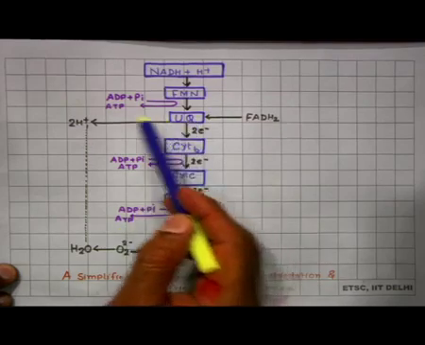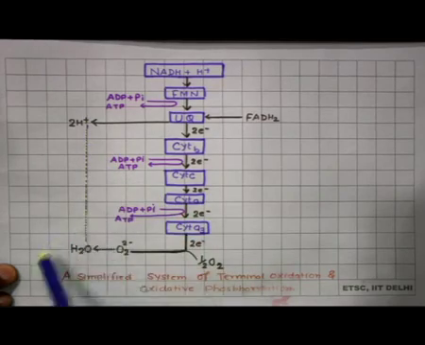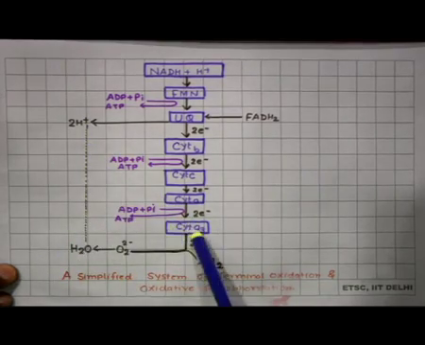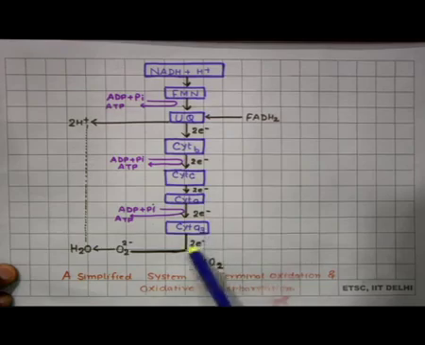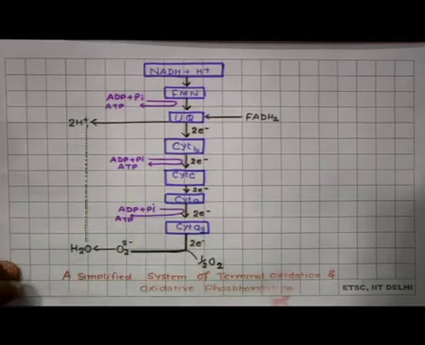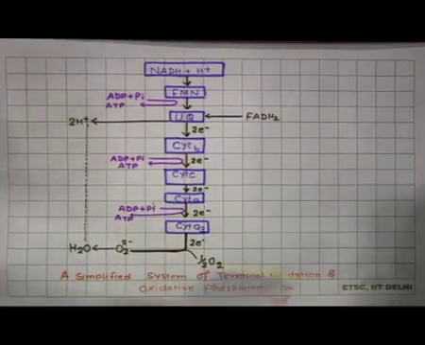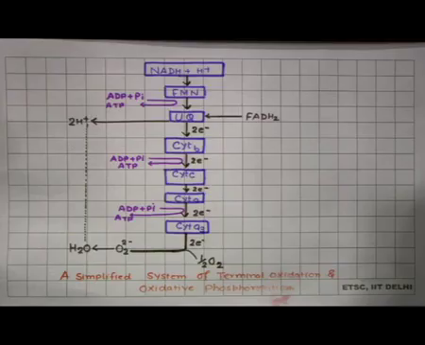Now, the proton from the mitochondrial matrix reaches the terminal end and combines with the electron and oxygen to form water, that water is called metabolic water. So, now we are able to say the total number of ATP formed is 38.